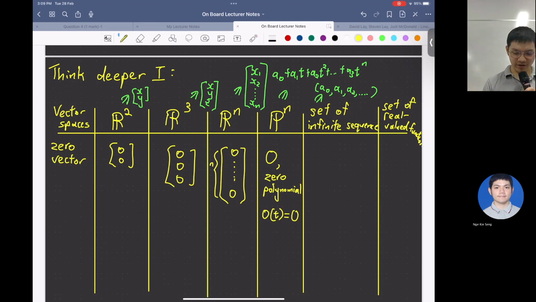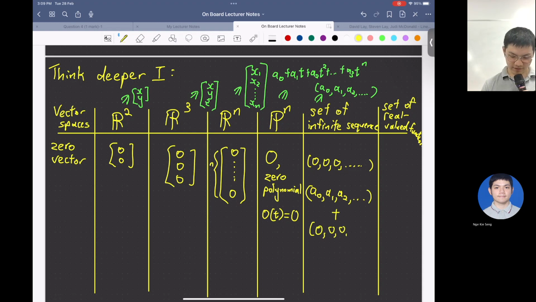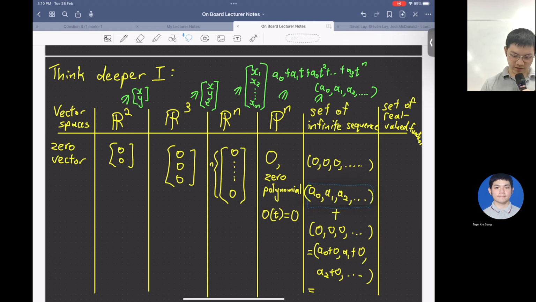So you have an infinite sequence of 0s. Because a0, a1, a2, dot dot dot, plus 0, 0, 0 is equal to a0 plus 0, a1 plus 0, a2 plus 0, and so on. So you get back the original sequence that you added to the 0 vector.